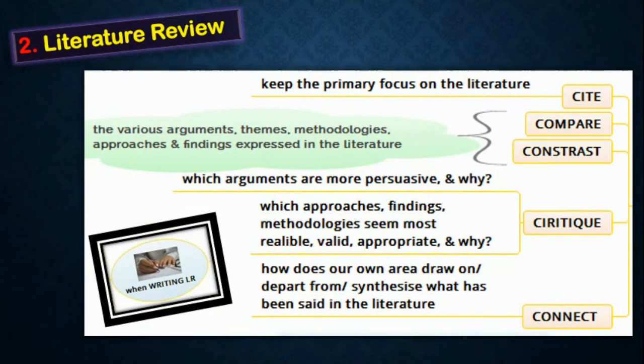Okay, when you write a literature review, there are important actions that should be conducted. The first one, keep the primary focus on literature. It means don't forget to put the references and citations.